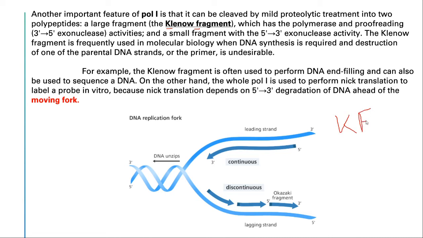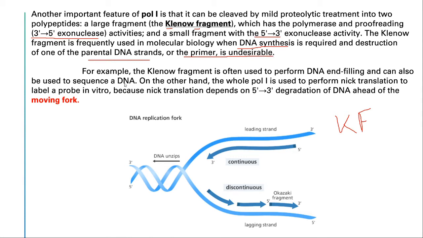K stands for Klenow and F stands for fragment, which has the polymerase and proofreading activities in the 3' to 5' direction, and a small fragment with the 5' to 3' exonuclease activity. The Klenow fragment is frequently used in molecular biology when DNA synthesis is required and destruction of one of the parental DNA strands or of the primer is undesirable.